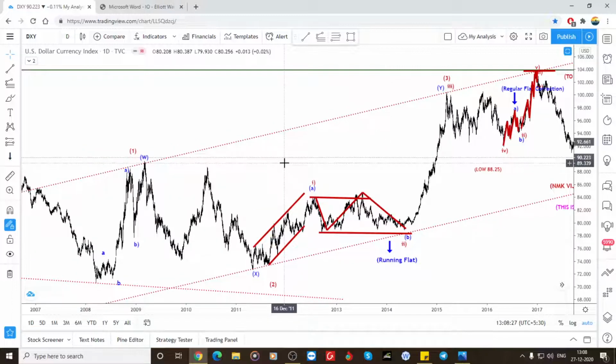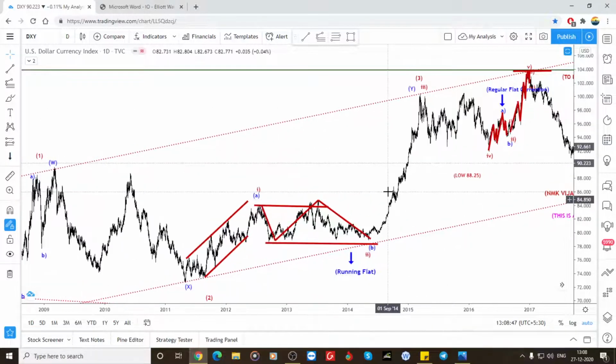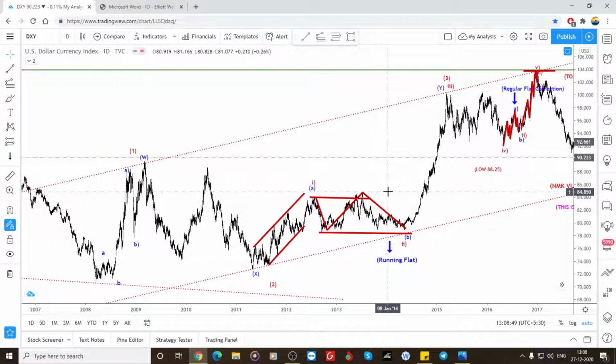Again and again I'm telling you, please note it down: only if you are very good in the correction part can you catch this kind of impulsive wave. Otherwise, it is very tough to catch this kind of impulsive wave. I gave an example of how to catch the C wave in the correction part.